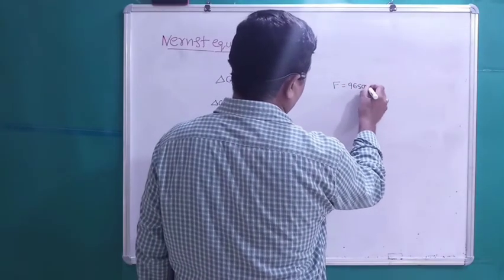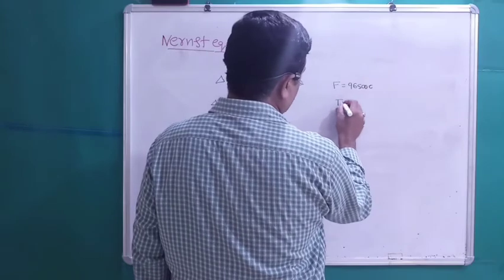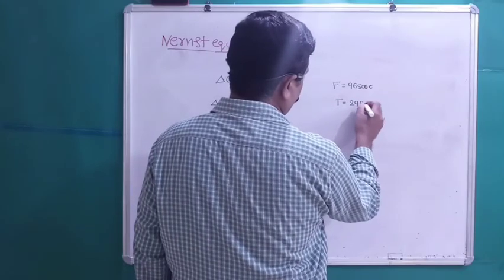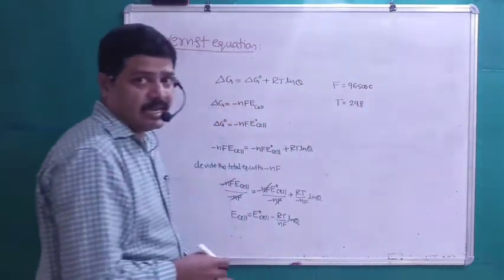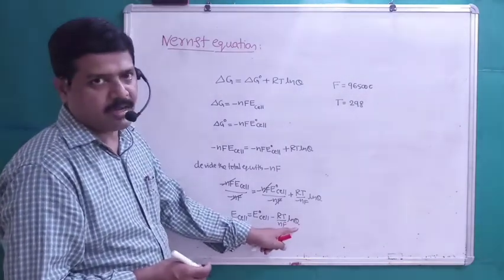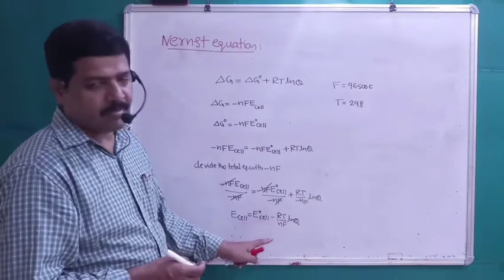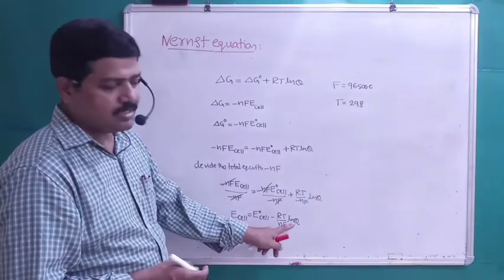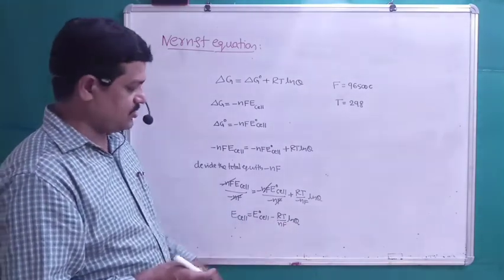By substituting the values here, F is equal to 96,500 coulombs and the temperature is 298 Kelvin. Ln is called the natural logarithm. We should convert it into common logarithm, so this is to be multiplied by 2.303.